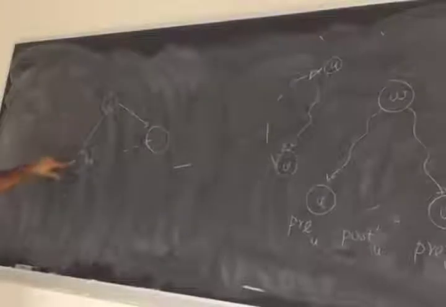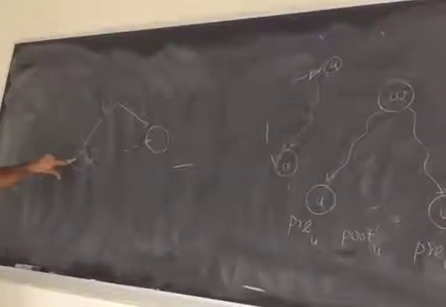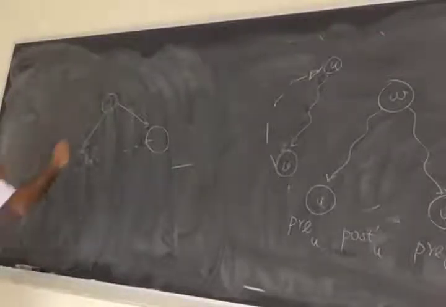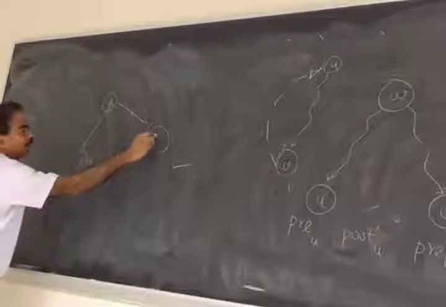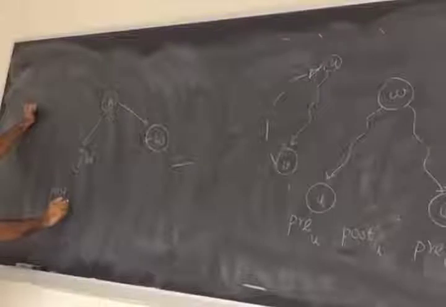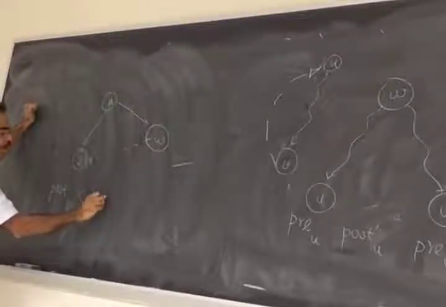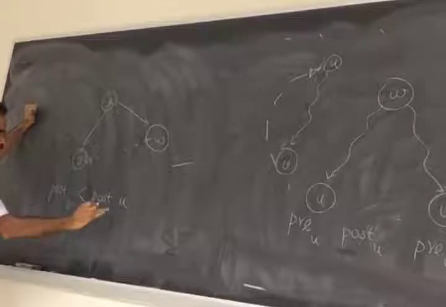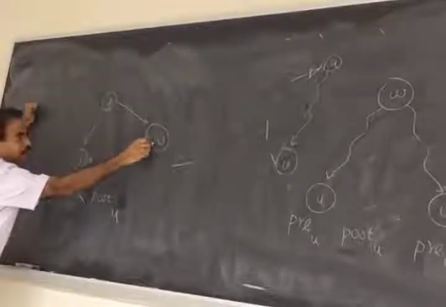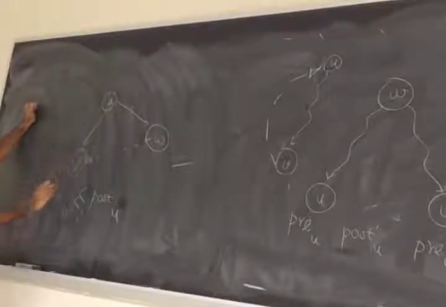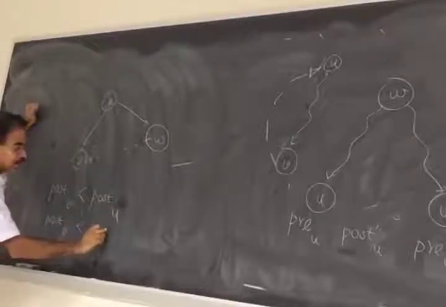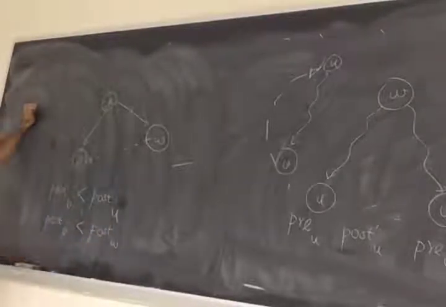In the case of a forward edge, you know that the exploration of this subtree will be finished before you get here. Therefore, let's call these u, v, and w. We know that post of v is less than post of u in this case. Similarly, you get to w after finishing with v. Therefore, you know that post v is also less than post w.